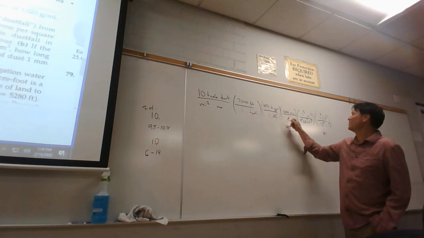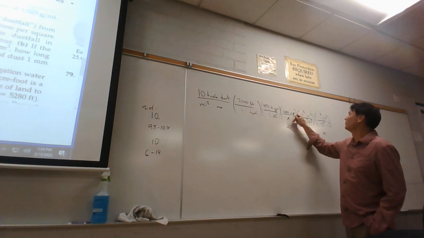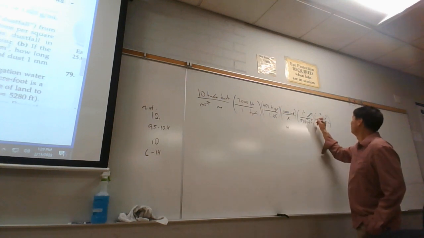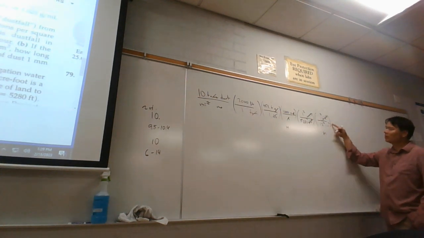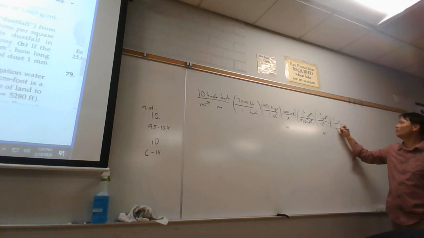So the grams cancel, actually milligrams don't cancel, we want milligrams there. And the miles squared cancels, and the feet squared cancels. And that gives me square inches. And then from inches we can go to centimeters. So in 1 inch, there's 2.54 centimeters. And then I'll square everything inside here.